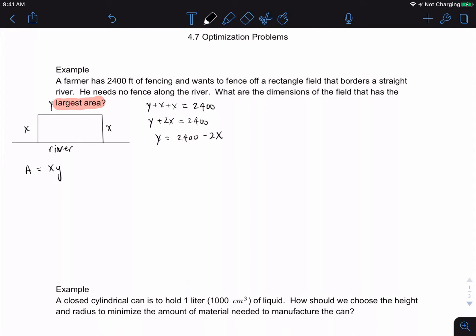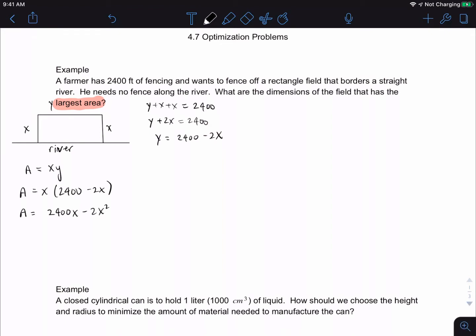But in solving for the perimeter piece, we have a relationship between Y and X. And so I'm going to change that to be the area is X times (2,400 minus 2X). And so I'm going to distribute, and my area is going to be 2,400X minus 2X squared.